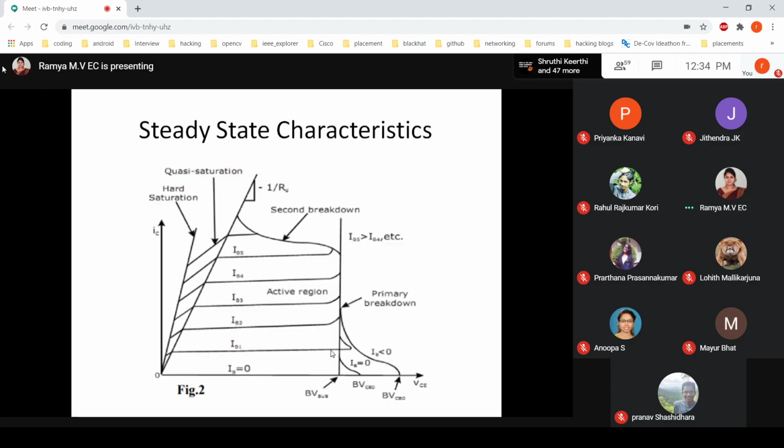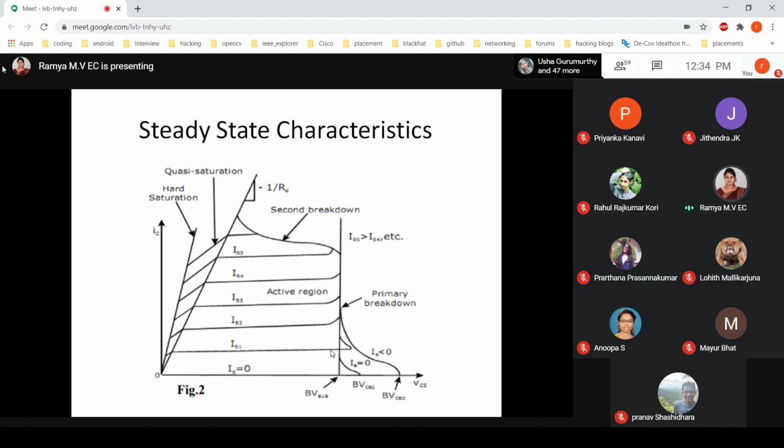This is the characteristic curve we will be having. So the steady state characteristic we will be having. If I am considering over here, we will be having a cutoff region, saturation region, and active region.